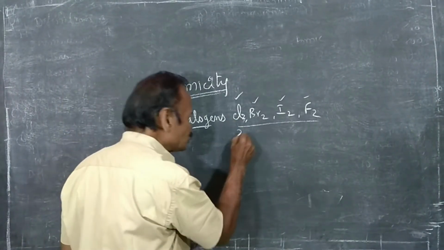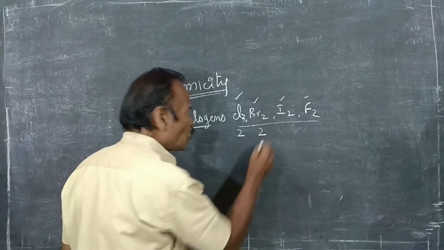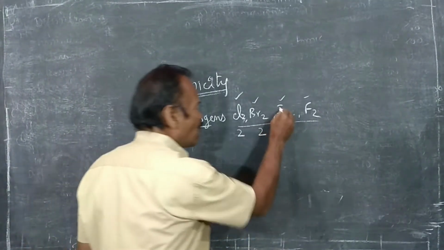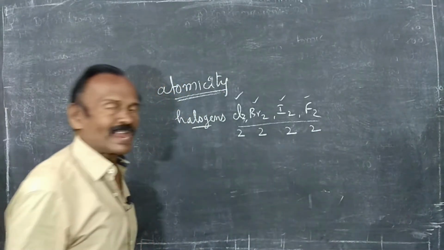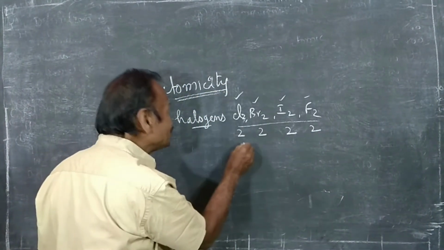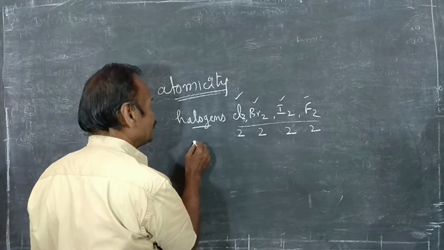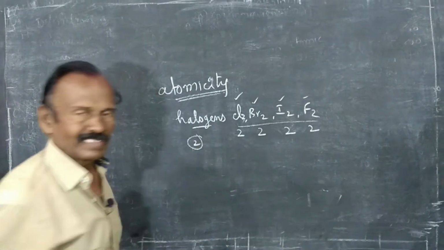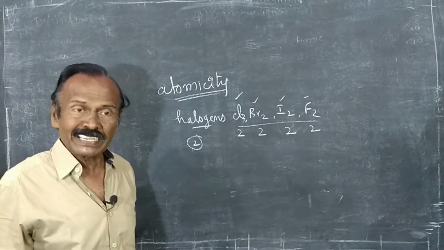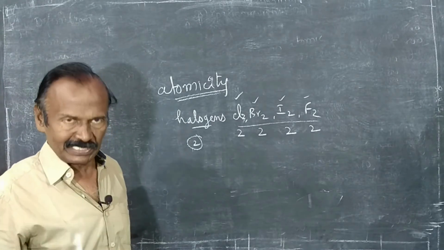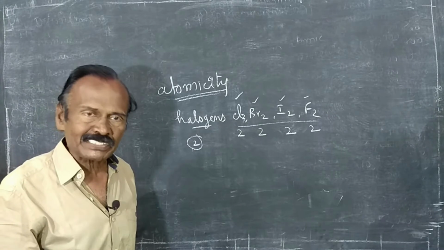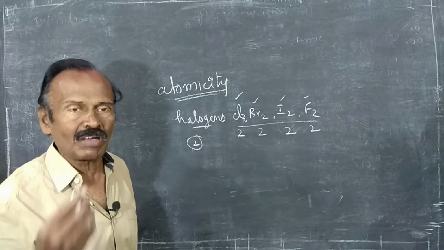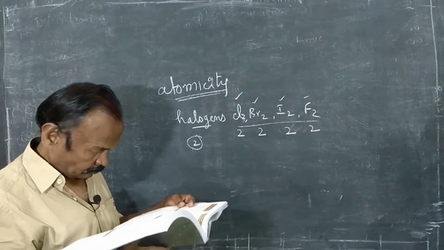Chlorine molecule has two atoms, bromine molecule has two atoms, iodine molecule has two atoms, fluorine molecule has two atoms. So the atomicity of halogen is 2. So now you understand clearly what is atomicity. The number of atoms present in a molecule is called atomicity.